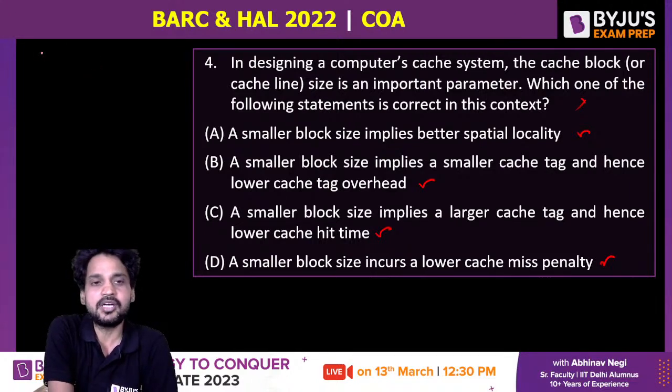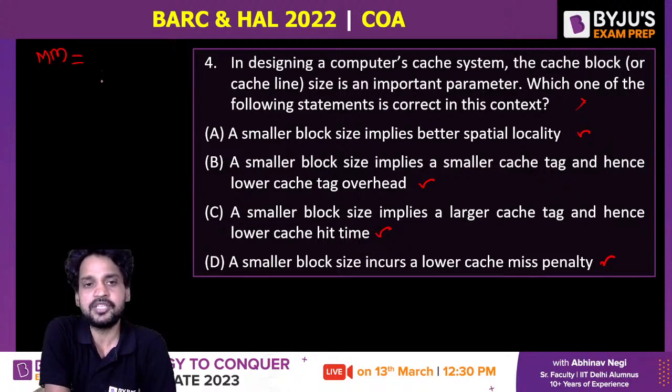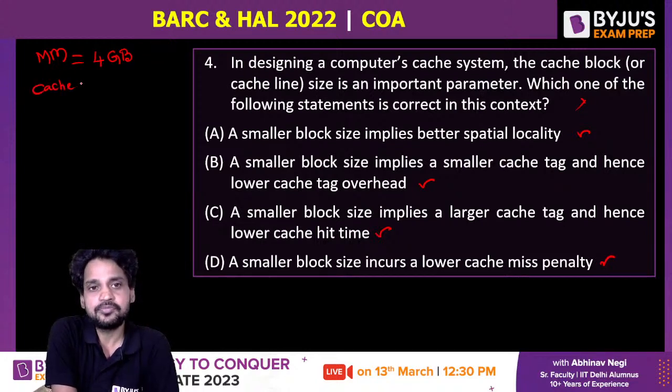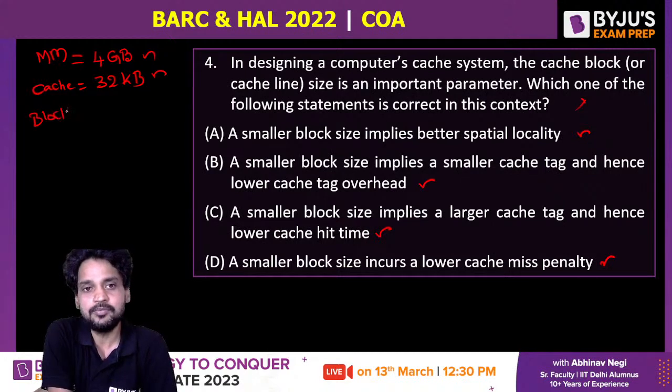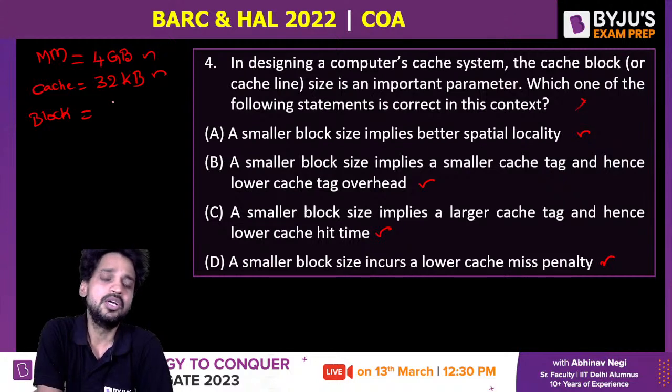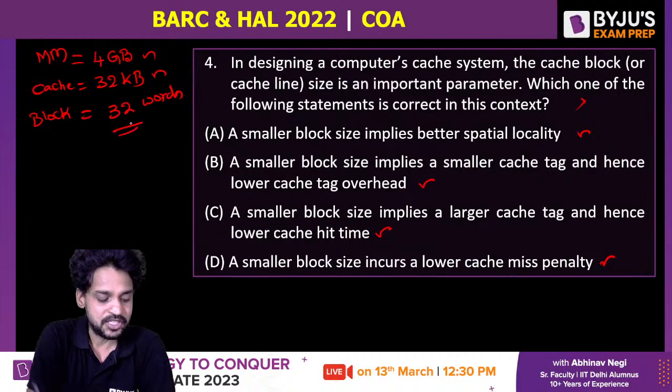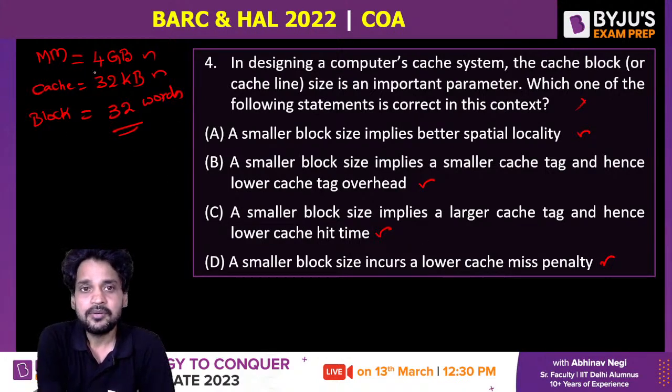Let us say my main memory is 4 GB, and the cache memory is 32 KB, and the block size is 32 words, or bytes, whatever you call. Stay focused here.